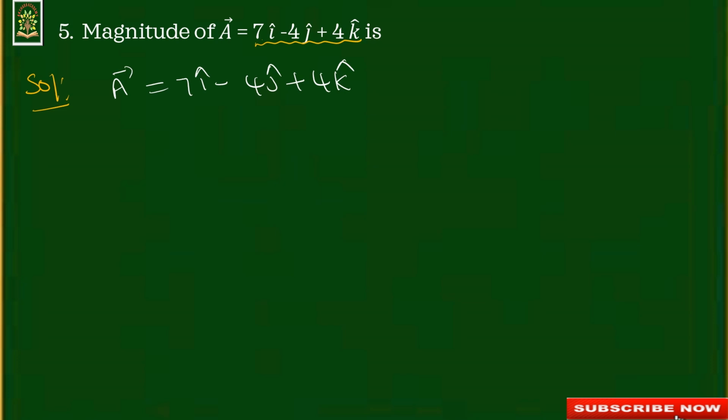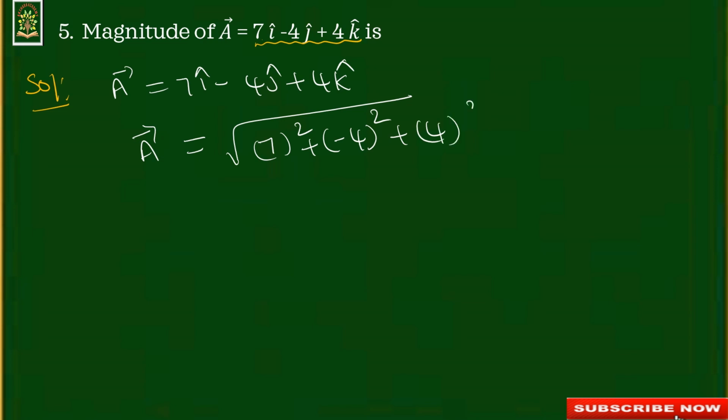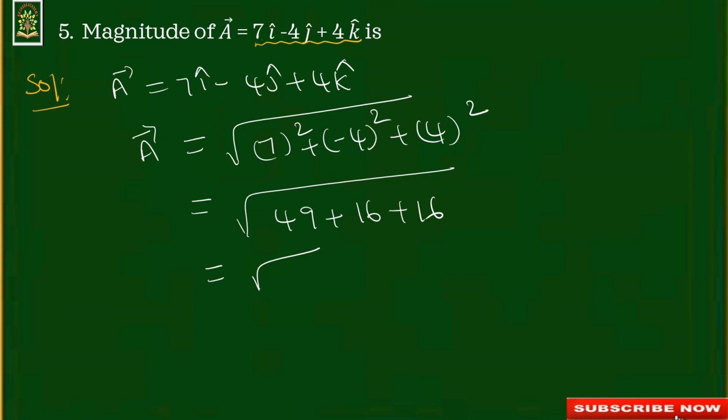Now we are finding the modulus, magnitude of A bar. Magnitude of A bar is equal to square root of component of i 7 square and component of j minus 4 whole square and component of k 4 whole square. Square root of 7 square 49 and 4 square 16 and 4 square 16, that is equal to root 81, that is equal to 9 units.